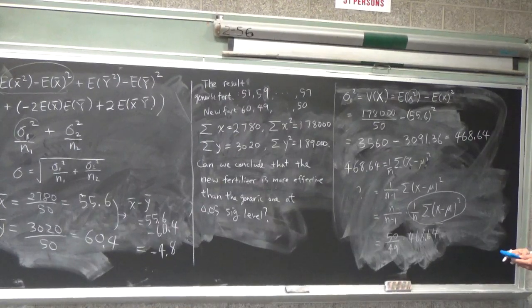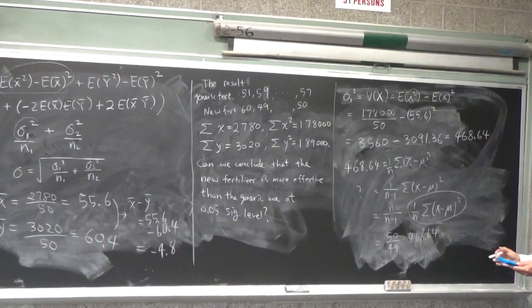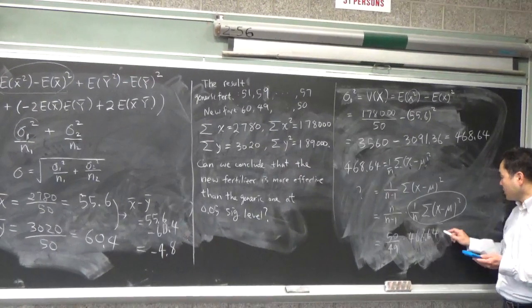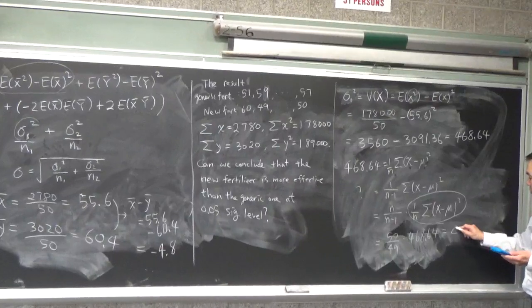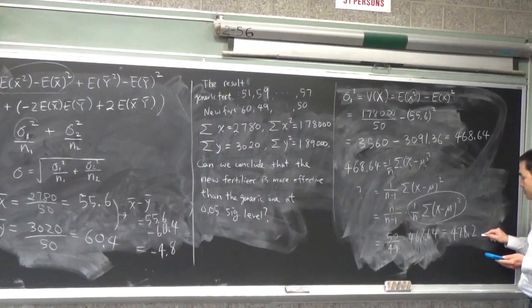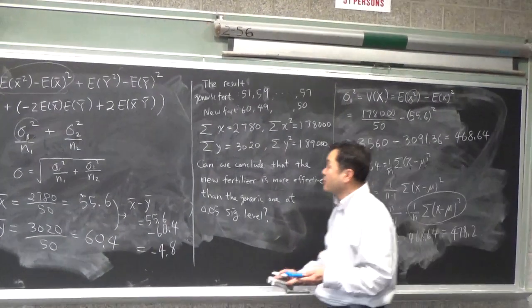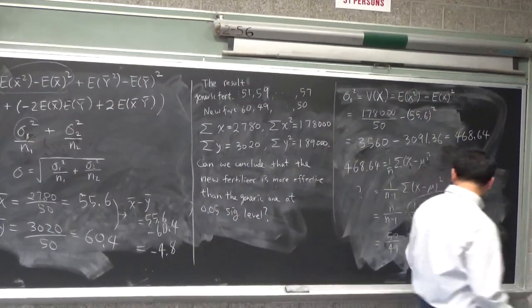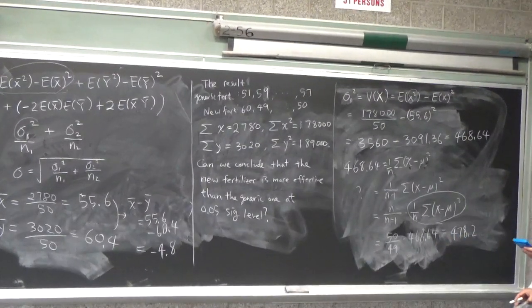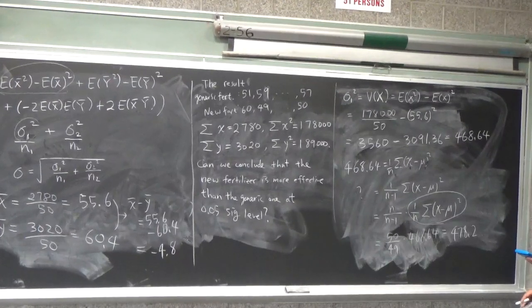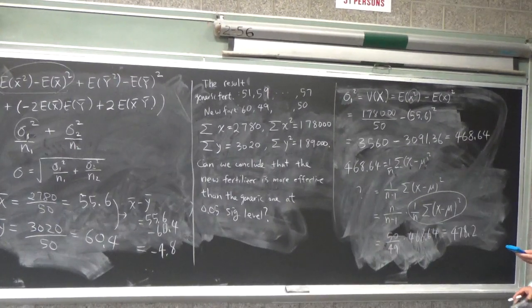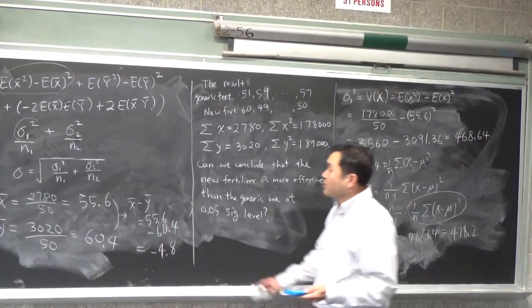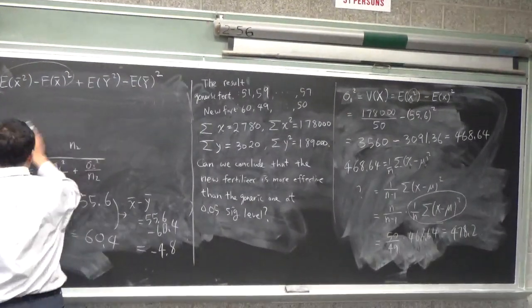Times 50, and then you have to divide by 49. So that ends up giving you 478.2. So it's slightly bigger. Okay, so it should be right. That's what you need.